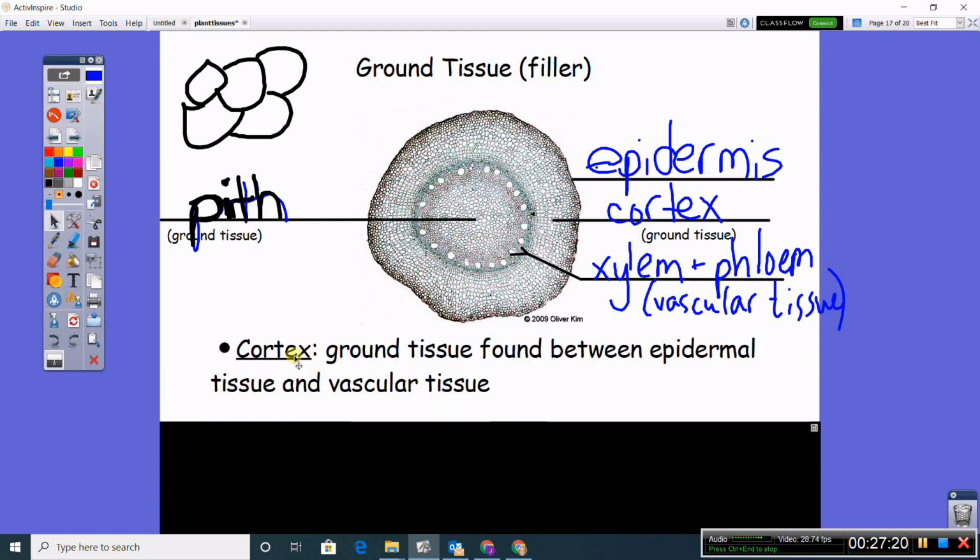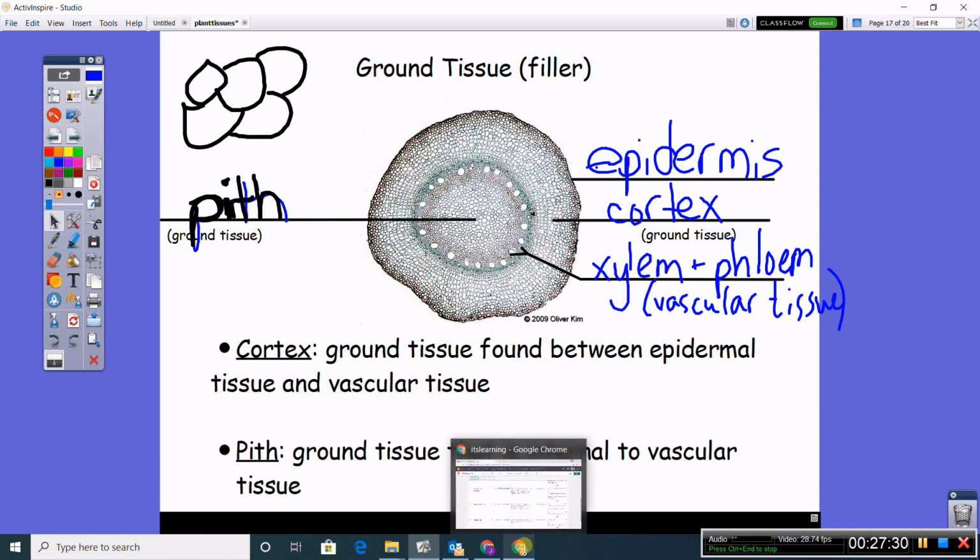Okay, so your cortex is basically the filler ground tissue between your epidermal tissue and the vascular tissue, which is your xylem and phloem. And then your pith is what's internal to your vascular tissue. You can kind of think of it like the core of your root.